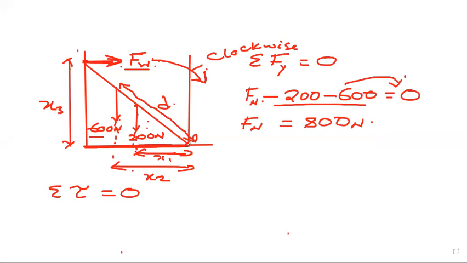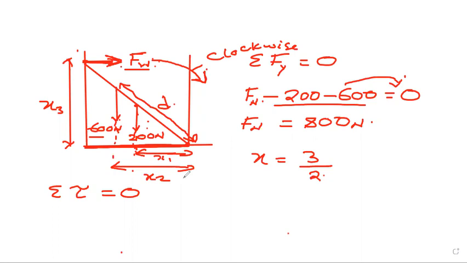So because it is 3 meters long, from the pivot to where this 200 Newton weight is acting, the distance, which is x1, will be equal to 3 divided by 2, because the 200 Newton weight is at the center.